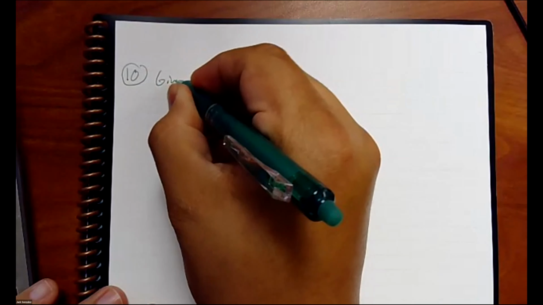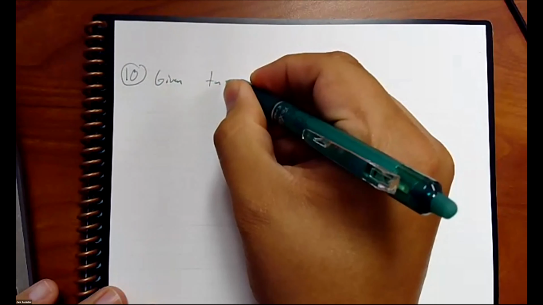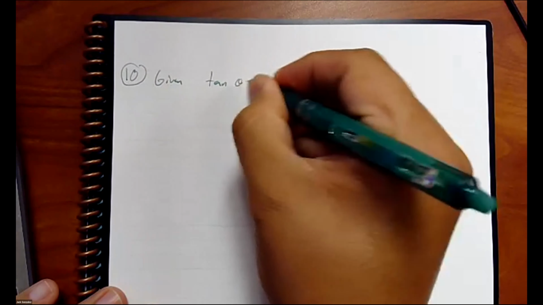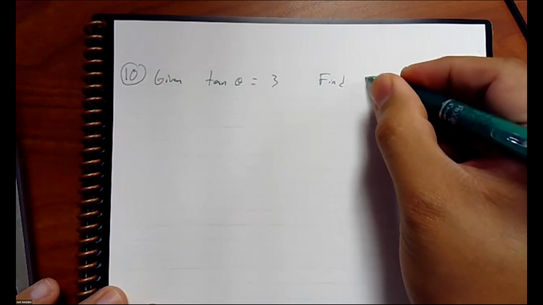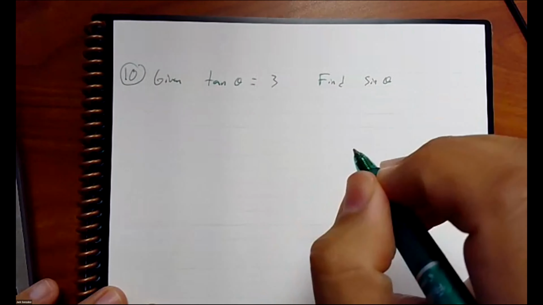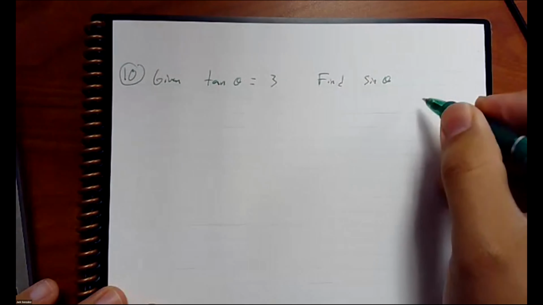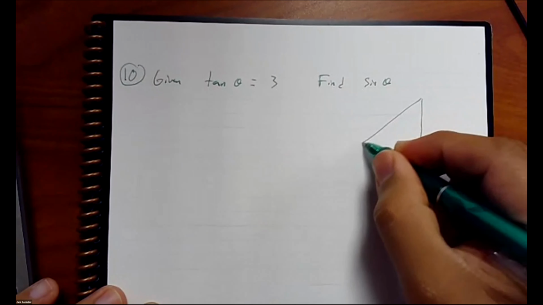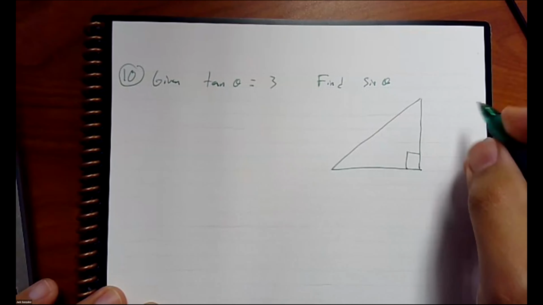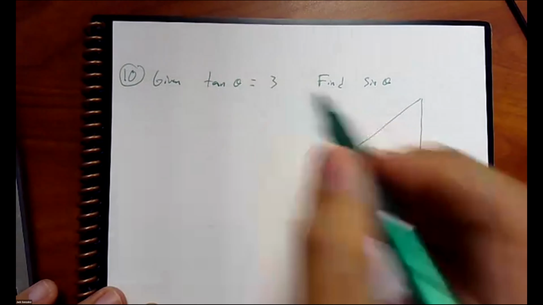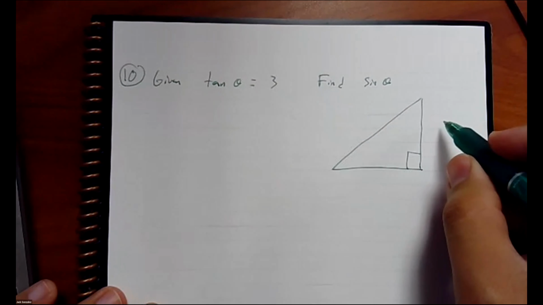So given, I'm going to shorten the question, that tangent of theta is equal to 3, find sine. So build your triangle. Tangent would be the same as opposite over adjacent.